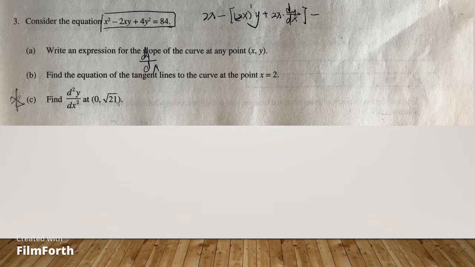Okay, next term is 8y times dy over dx. And take a derivative of a constant, the answer is 0. Okay, next.